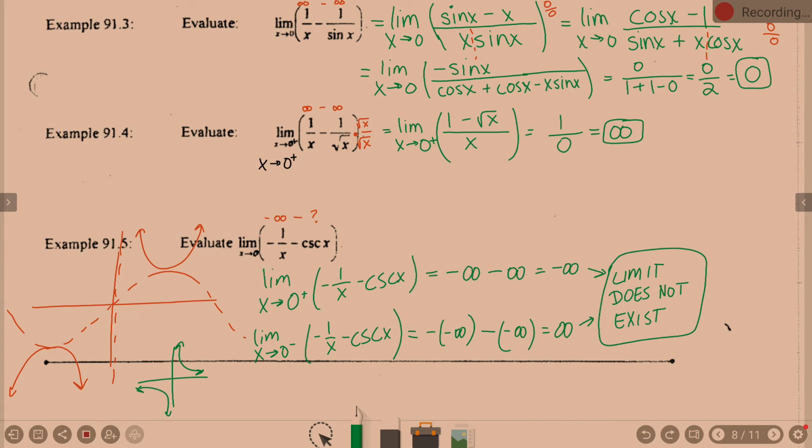Ethan has a question. I also need to write down a couple of whatchamacallits before I forget, but yes. So how come this cosecant x in the problem when we were approaching 0 was a question mark, but on the first one it was infinity?